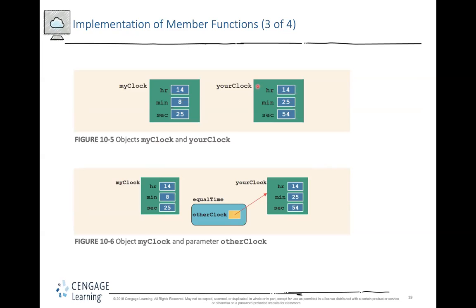So we have two objects here, and a function that compares whether these two clocks are equal. Here I have a reference that points to the other object. You pass this as a parameter, and in this member function you refer to the other clock as a reference and operate on it.